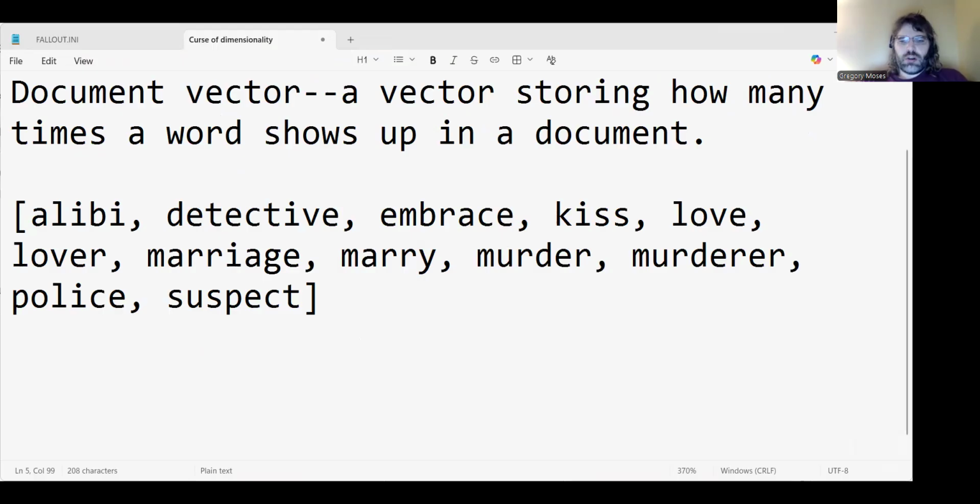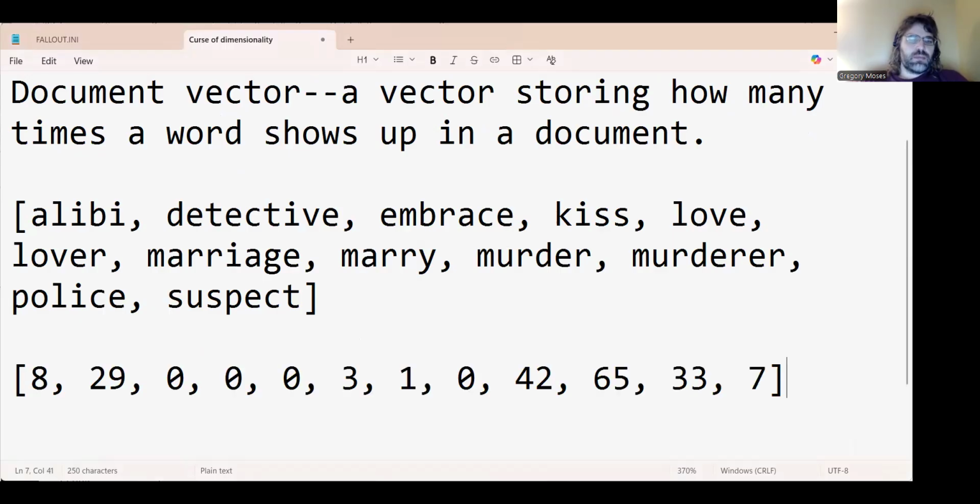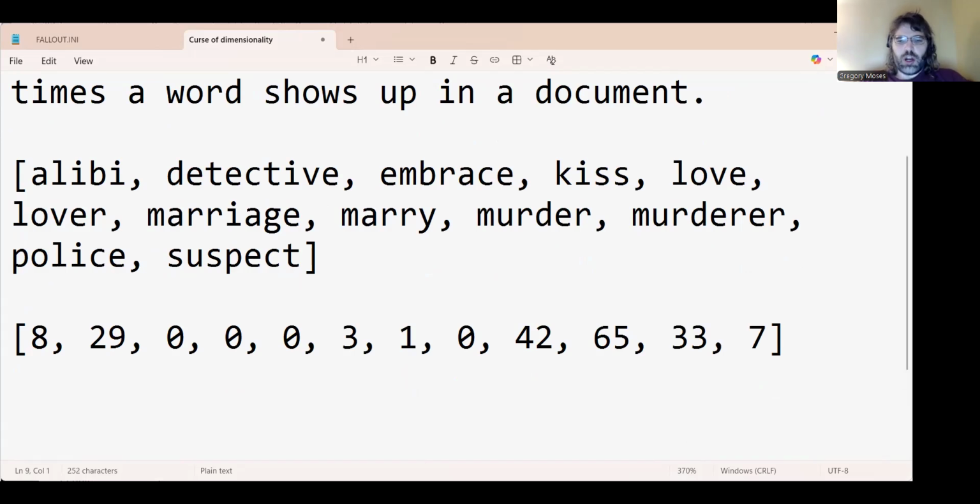So here is one of the document vectors. So alibi 8 times, detective 29 times, embrace 0, kiss 0, and so on.